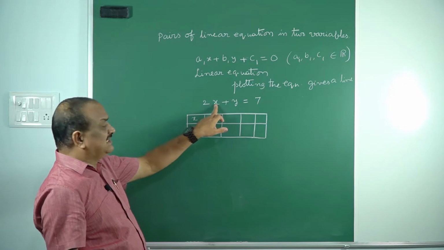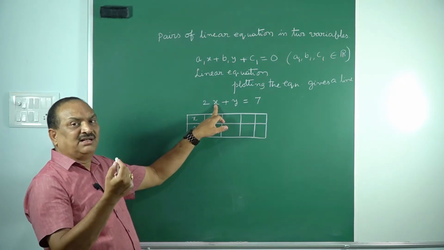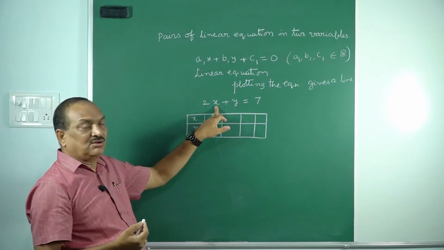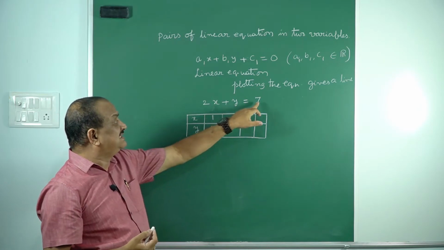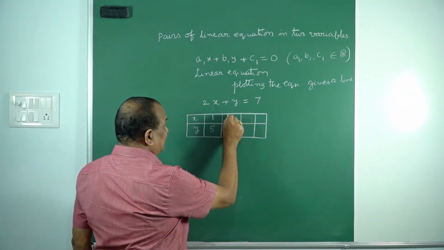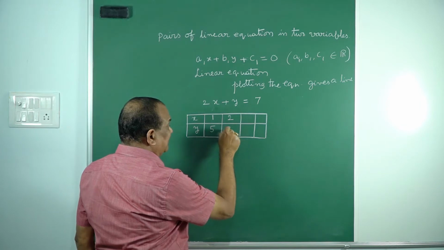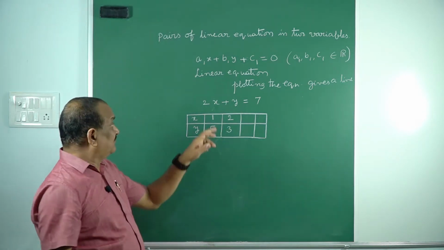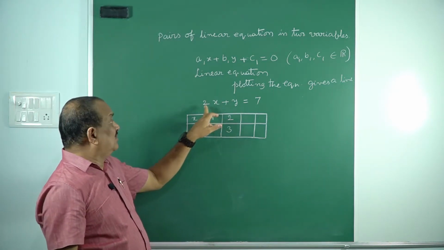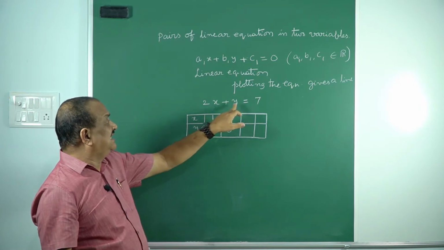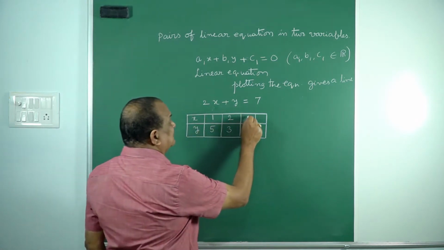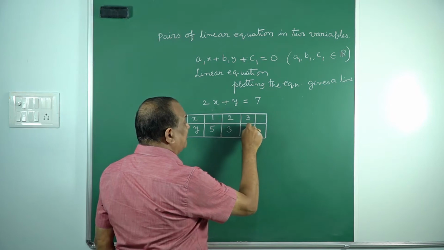If I take in place of x, say 2, arbitrarily chosen, 2 times 2 is 4, 4 plus 3 will be 7. So if x is 2, y will be 3. I take 3, 2 times 3 is 6, and this will be 1. So if x is 3, y will be 1.